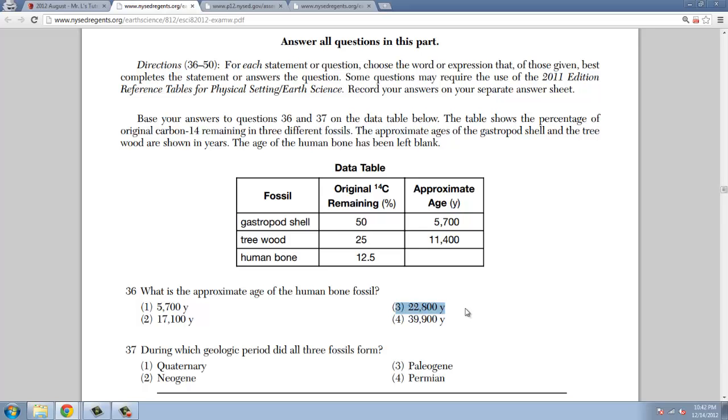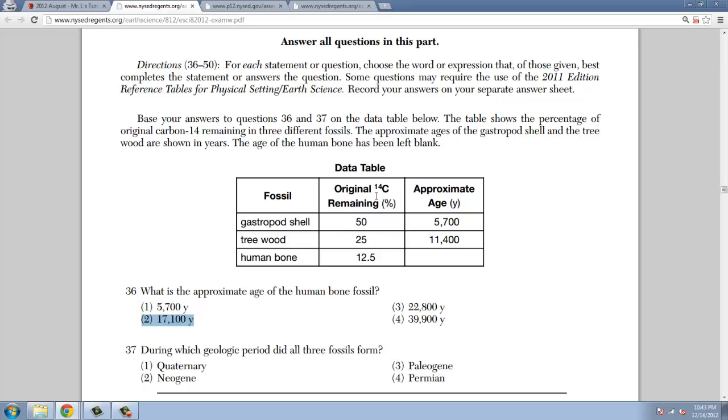But this is not a game of multiplication. This is a game of addition. So each half-life, so 12.5 would be the third half-life, you add another 5,700. So 5,700 plus 2 is 11,400. You add 5,700 again, and you get 17,100 years.